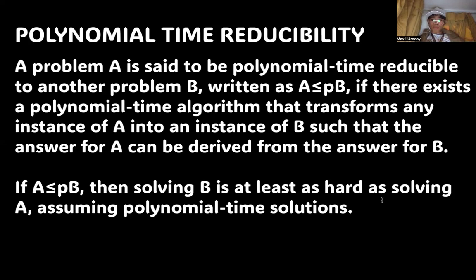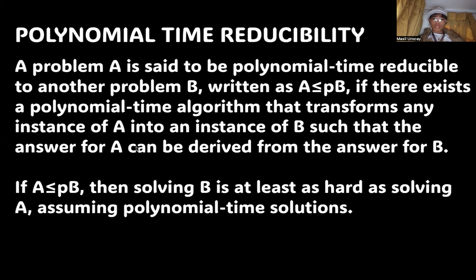The subscript p indicates that the reduction must be done in polynomial time. That implies that if B is solvable in polynomial time, then A is also solvable in polynomial time.